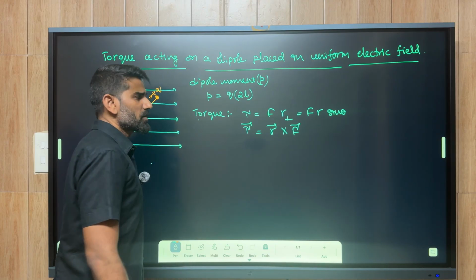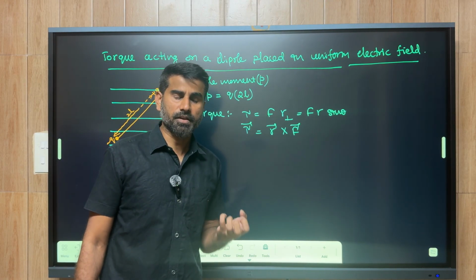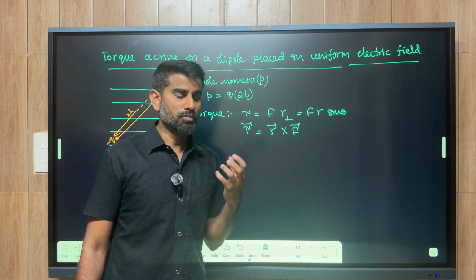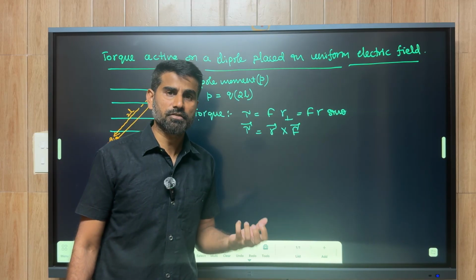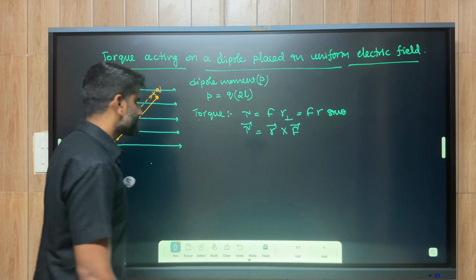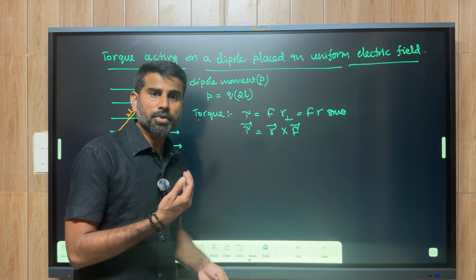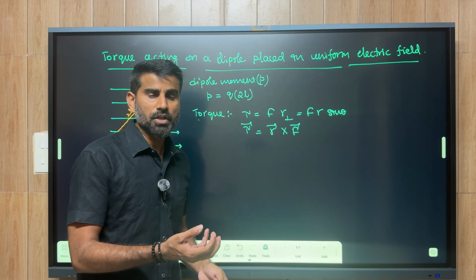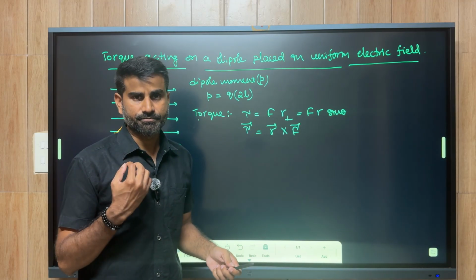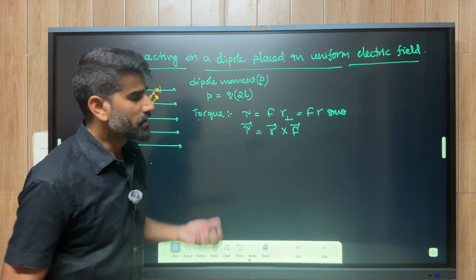Torque is more often represented as the cause of rotation. When we apply force, the objects move. Similarly, when there is torque, then the objects rotate. That is the simplest way of explaining torque.